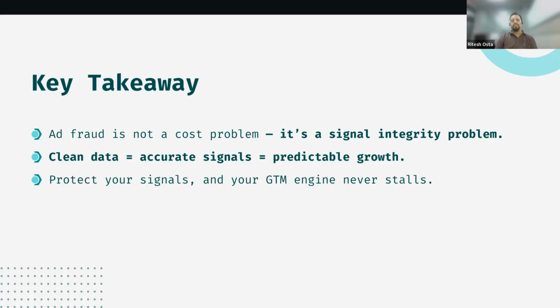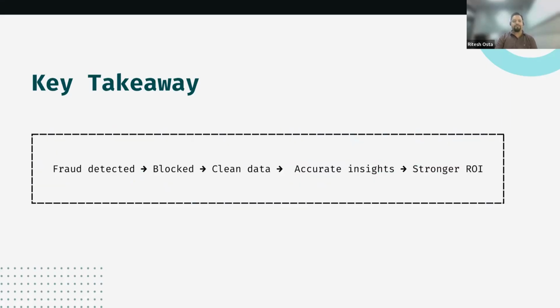Protect your signals and your GTM engine never stalls. So this is not just a cost problem, it's also a signal integrity problem, is what we are emphasizing more and more in the coming days. Fraud detected, blocked, clean data, accurate insights, stronger ROI. That's the path that you've got to take.